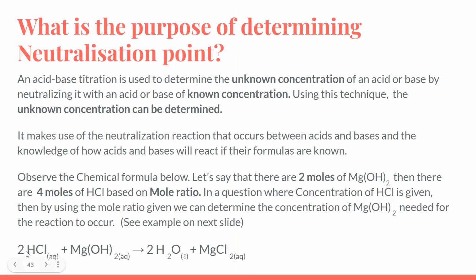So the concentration of hydrochloric acid is given. The moles are also given. So what you do is you divide the moles by the concentration to see the volume. And you can do the same thing for magnesium hydroxide, given that you have a volume. So in a titration, you're running this magnesium hydroxide into this hydrochloric acid.